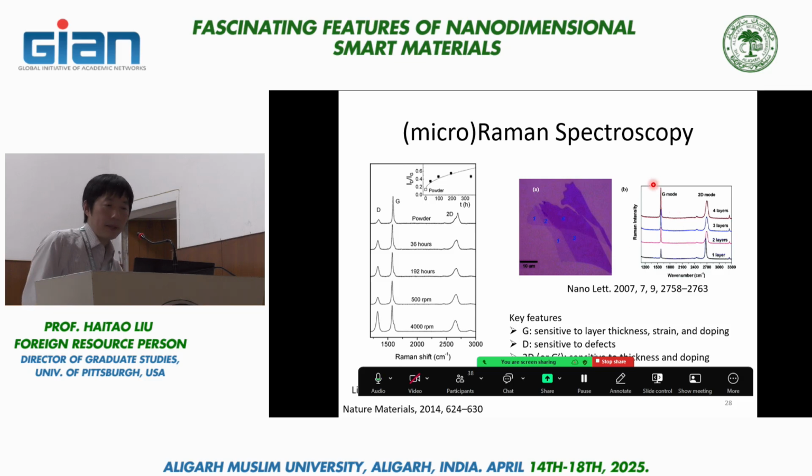So the Raman signal is particularly useful in carbon research, and hopefully I'll have more time to talk about this tomorrow, but suffice to say there are 3 important Raman peaks from carbon. They are all very sensitive to the structure of graphene.